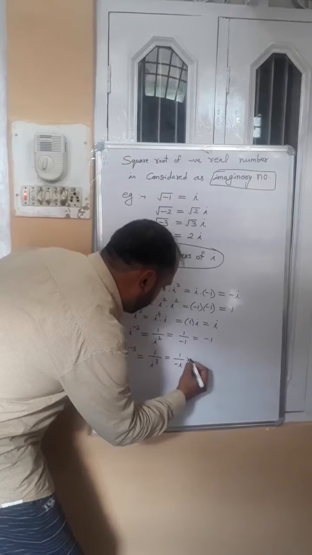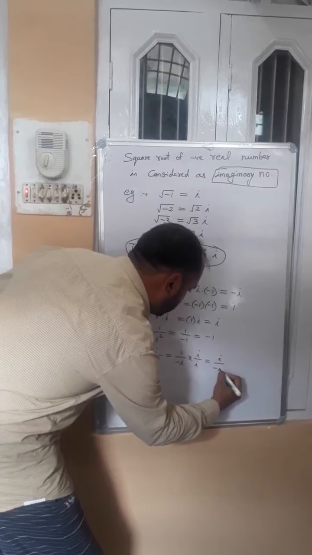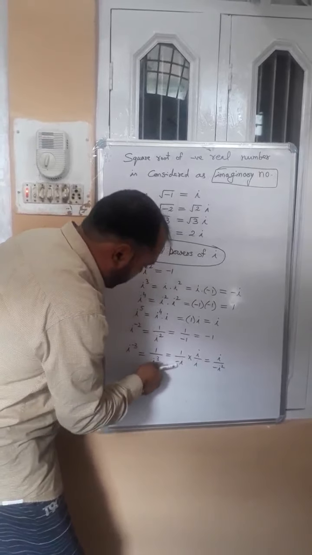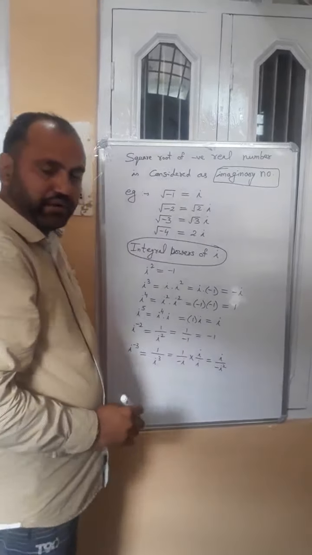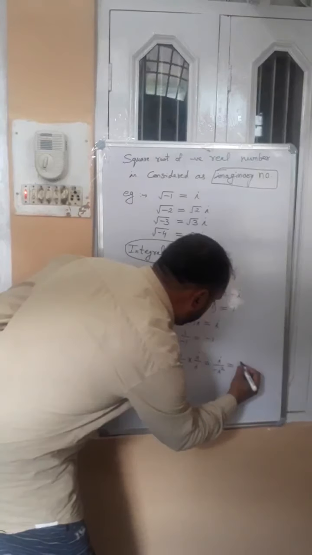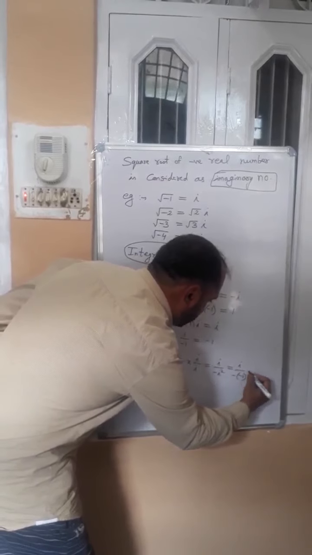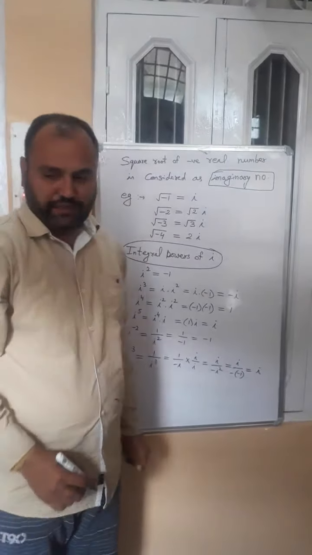Now multiplying and dividing it by iota, this is equal to iota over minus iota square. 1 into iota is equal to iota, and minus iota into iota is equal to minus iota square. When you put the value of iota square, that is equal to minus 1, we get iota upon minus into minus 1. So its answer is iota only, right?